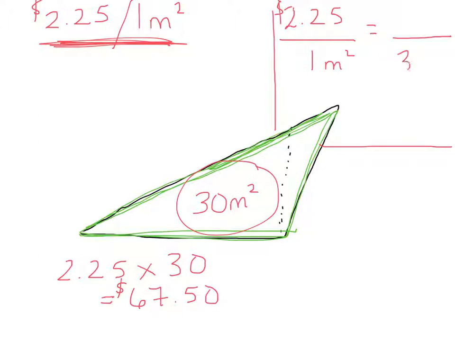Put the 30 meters squared here, because we're matching up unit to unit, and then you find your scale factor. 1 times what equals 30? We know it's 30. And then you go 225 times 30, and that's going to give you the 6750. So to paint the entire stage, it would cost $67.50.